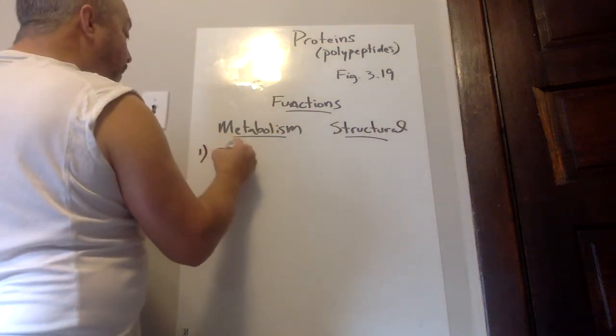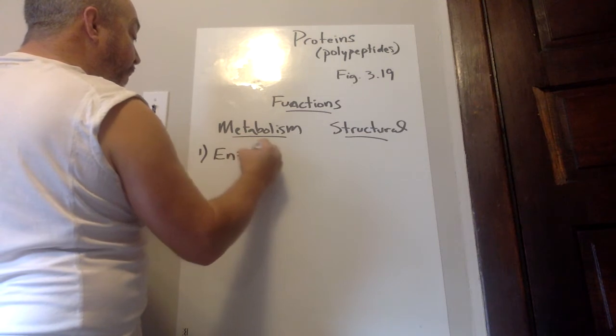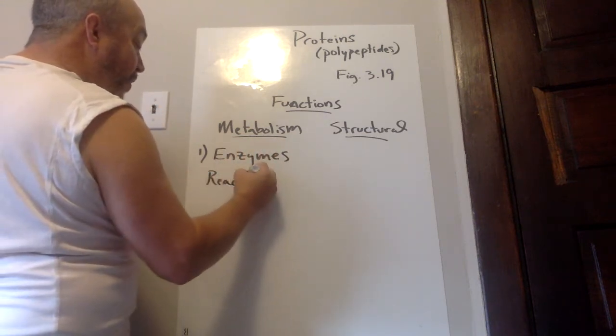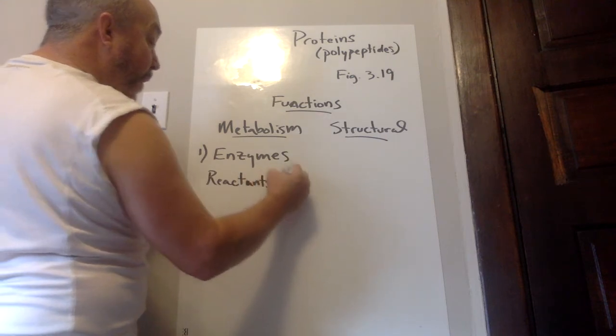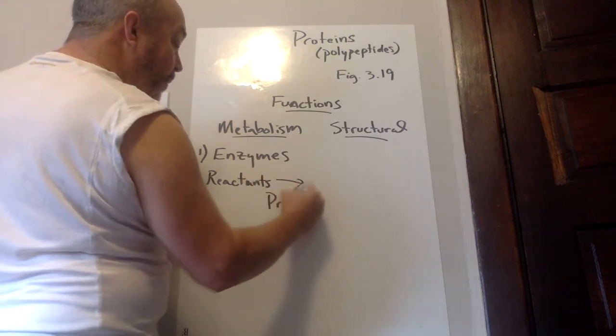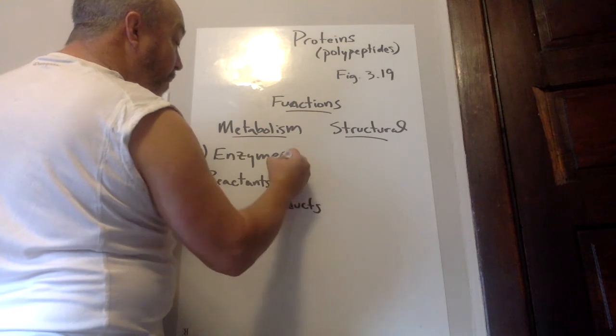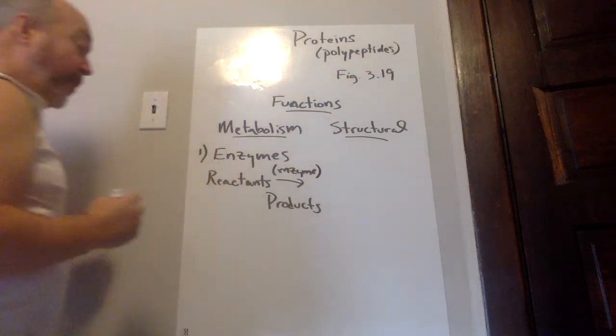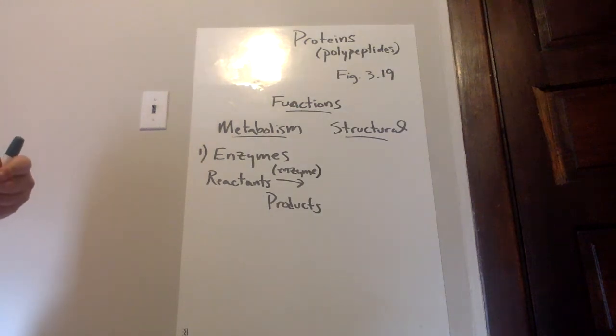So the biggest one for metabolism is enzymes. Sometimes in those reactions, you have your reactants, and you still have your products, but sometimes an enzyme is going to help. Actually, most of the time, an enzyme is going to help. And we'll talk more about enzymes in chapter 6.